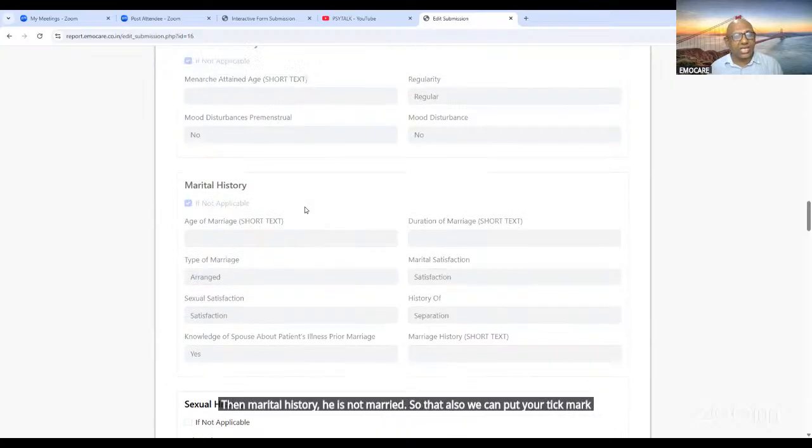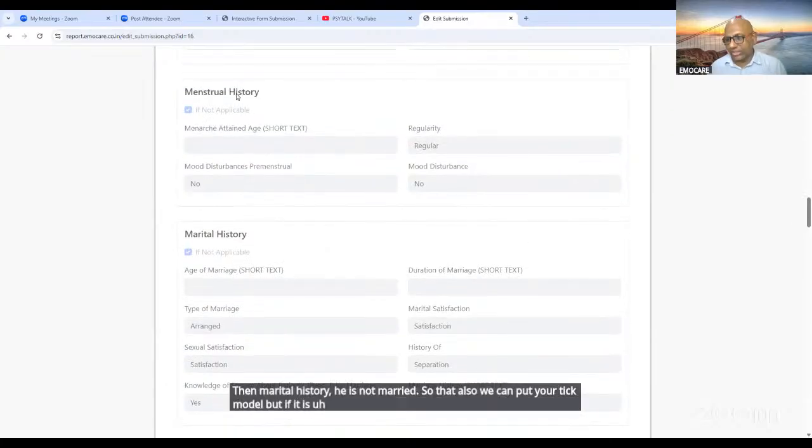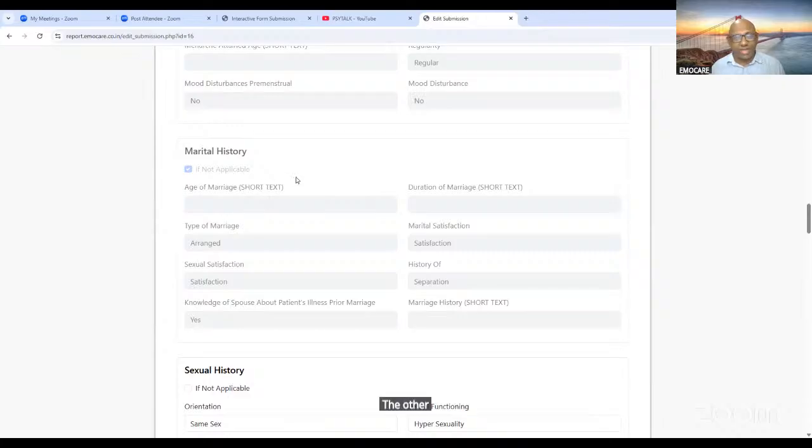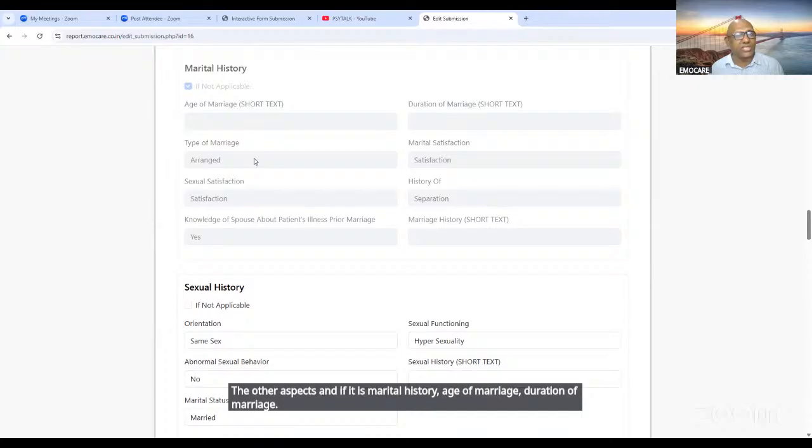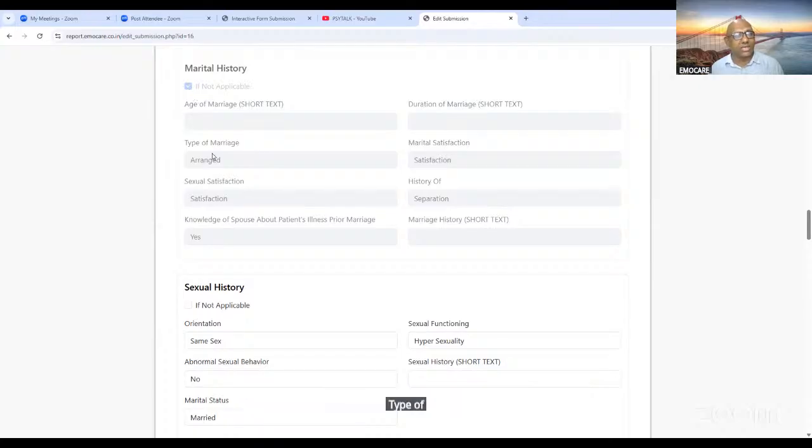But if it is a female, we will be writing when they attained puberty, regularity, premenstrual mood disturbance, and the other aspects. And if it is marital history, age of marriage, duration of marriage, type of marriage, whether arranged or unarranged.